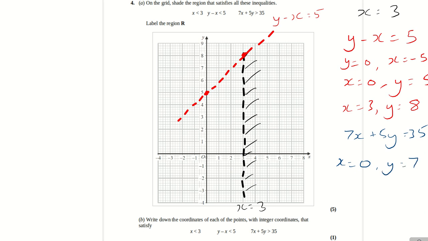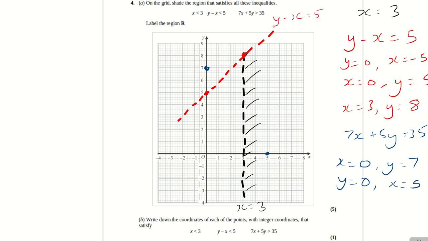So it goes through the point 0, 7. And when y equals 0, we're going to have 7x equals 35, so x is going to equal 5. So it's going to go through that point there.